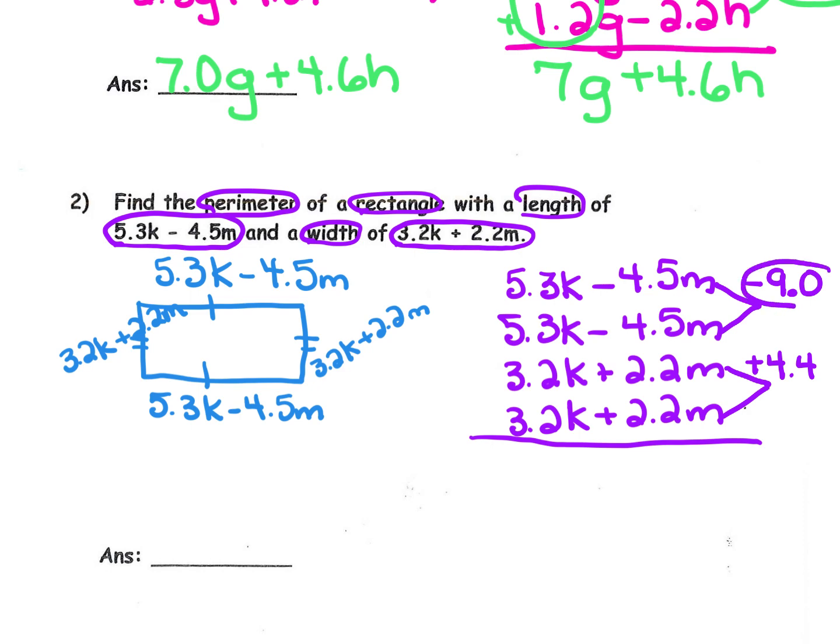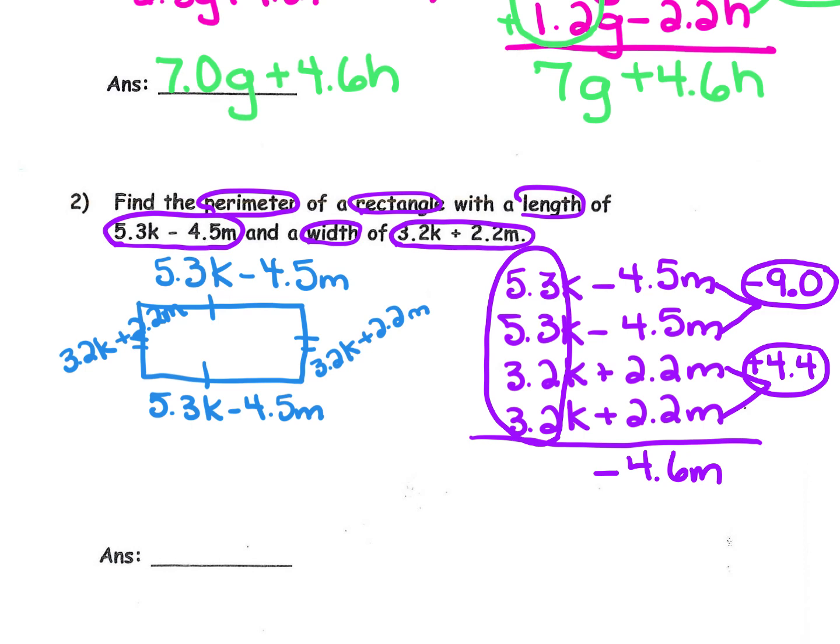Now combine a negative 9 and a positive 4.4. Punch into your calculator 4.4 plus negative 9. You should get negative 4.6 M.